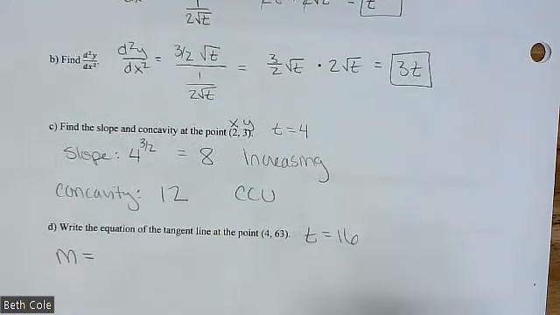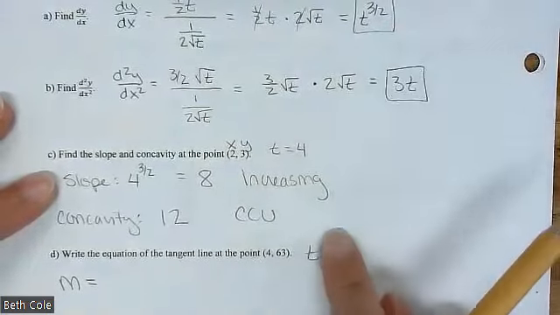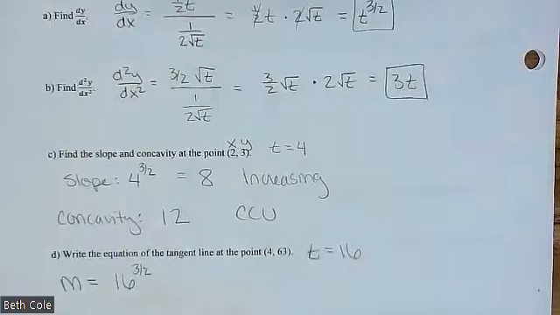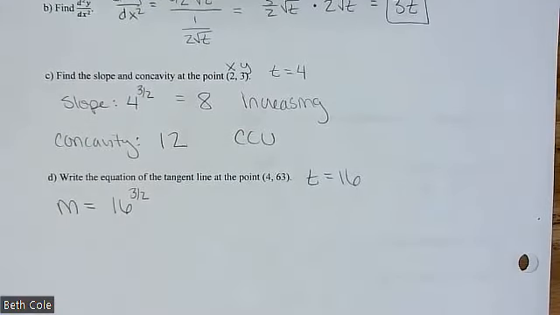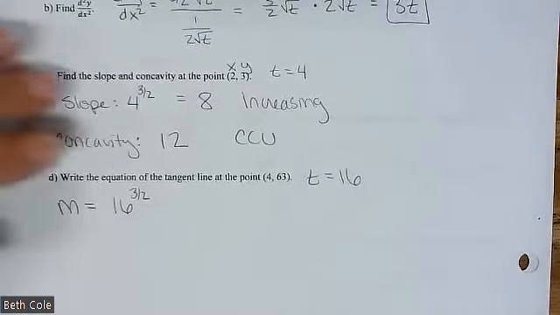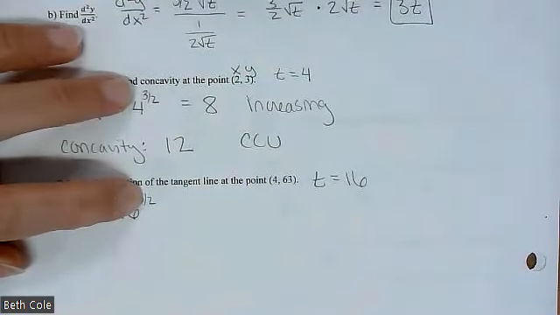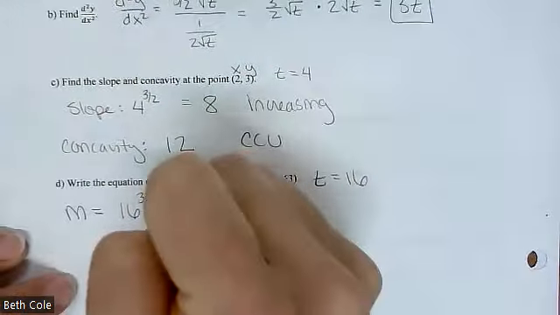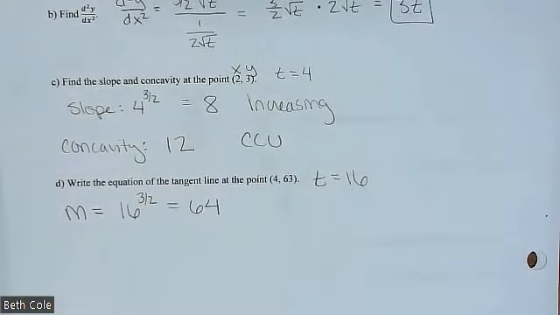So slope comes from the first derivative. That's this one right here. It would be 16 to the 3 halves, which I get is really weird. But pretend it's 1/2. What would be 16 to the 1/2? 4, and then cube it. So 64. That is one heck of a slope, right?